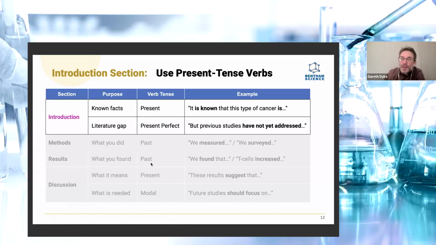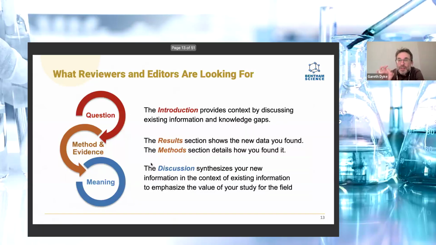But in your introduction, use the present tense to start with and have a good think about what reviewers and editors are looking for when you put a research paper together. What are editors and reviewers looking for? Your introduction provides context by discussing existing information and knowledge gaps.